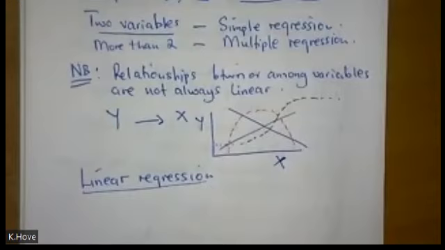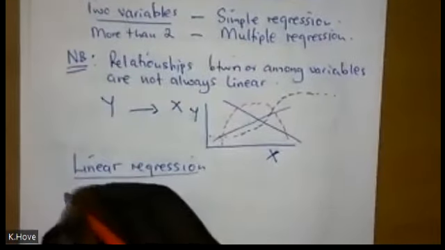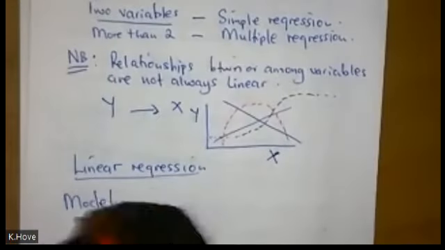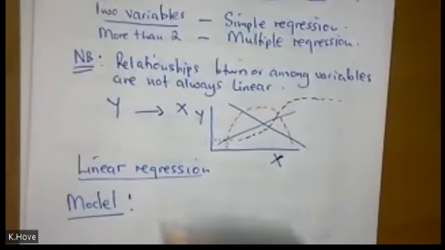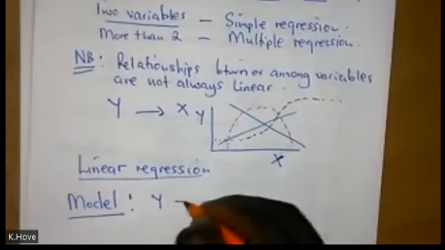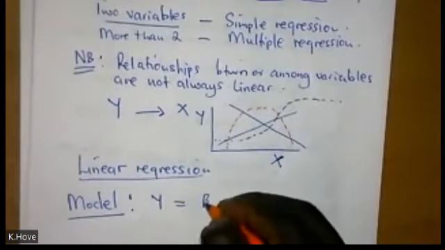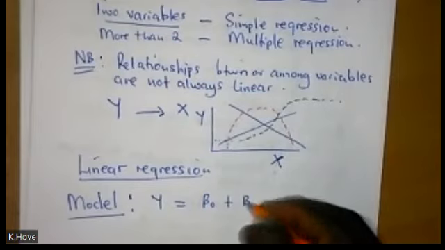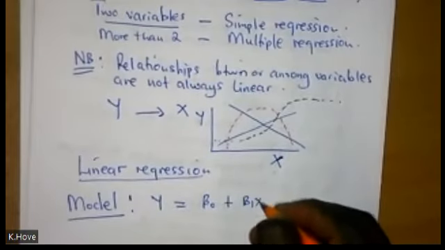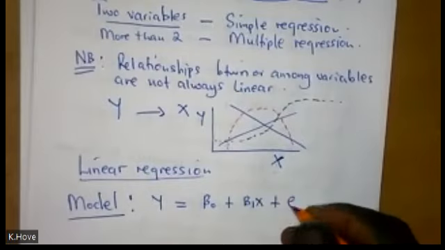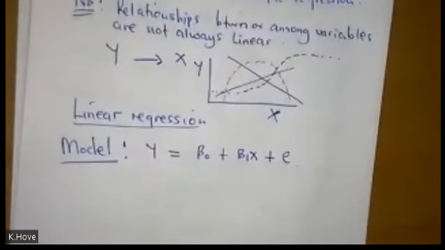Now, what I want us to look at is, in this linear relationship, what is the model? Statistical model: y is equal to beta naught plus beta 1 x plus the error term e. So this is the assumed relationship between y and x.